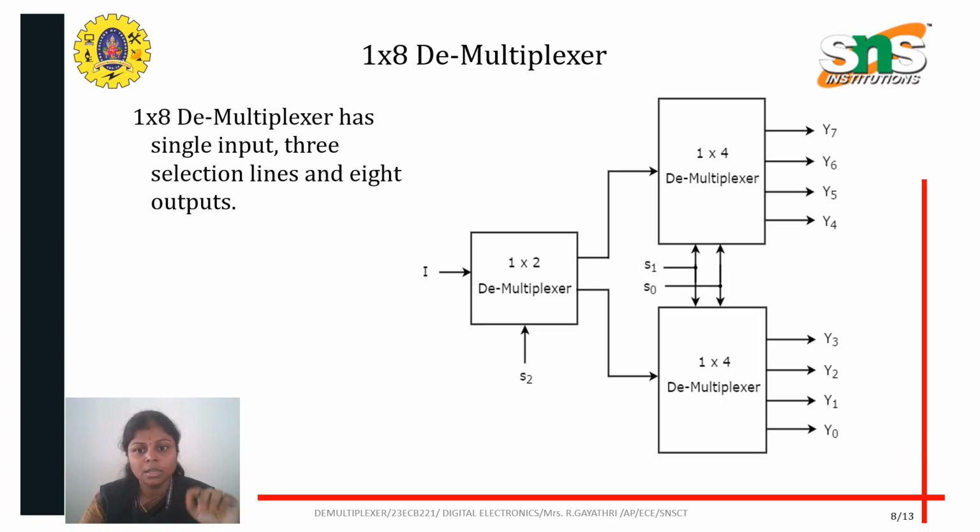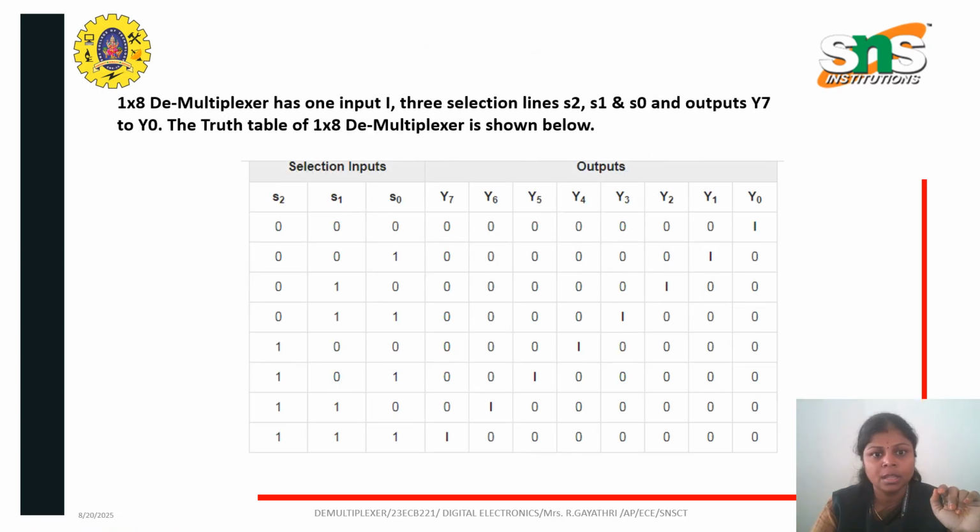The 1 cross 4 demultiplexer has one input and four output lines, and there will be two selection lines. Similarly, for the 1 cross 8 demultiplexer the truth table is drawn, and it has three selection lines S0, S1 and S2, and the outputs Y0 to Y7.